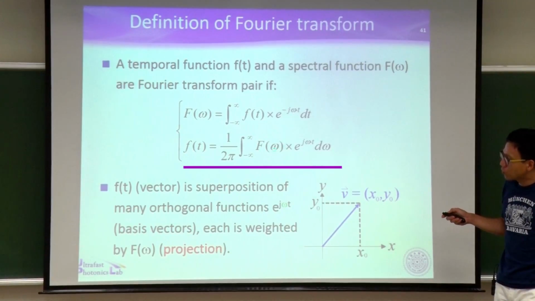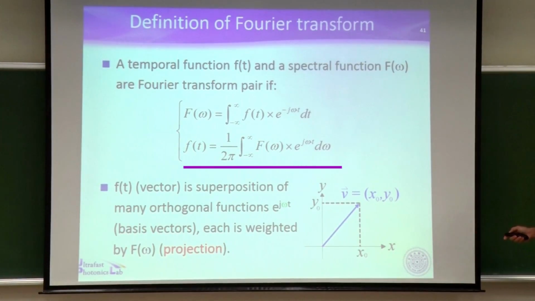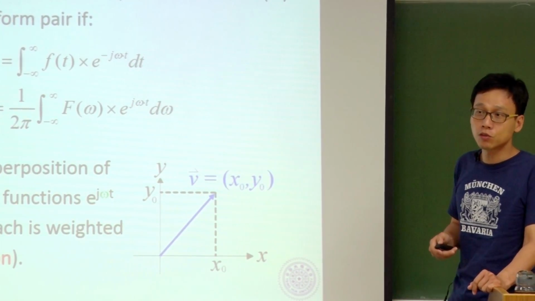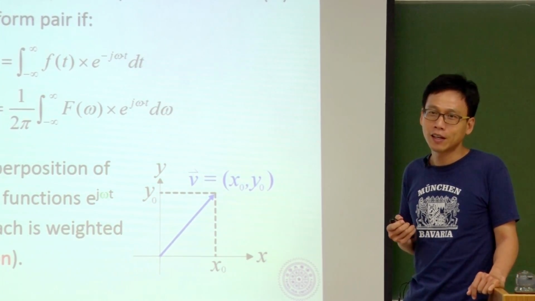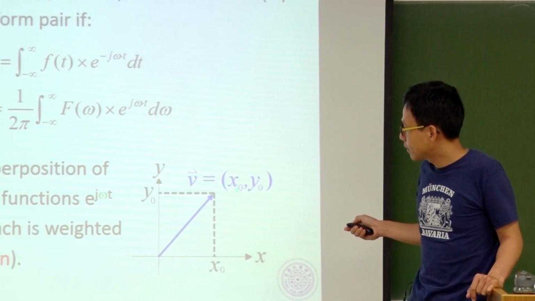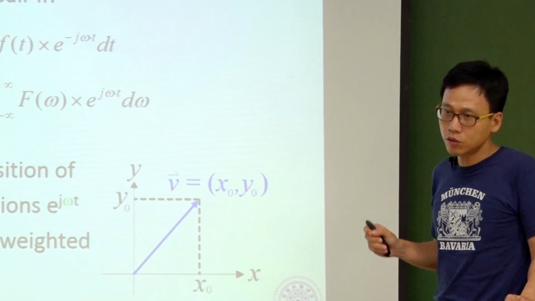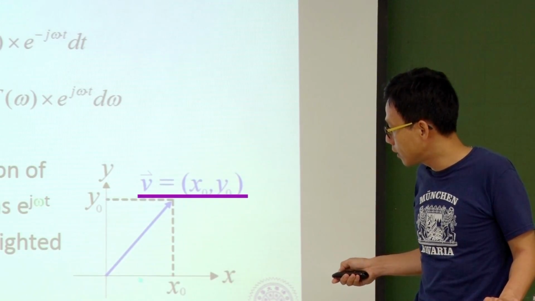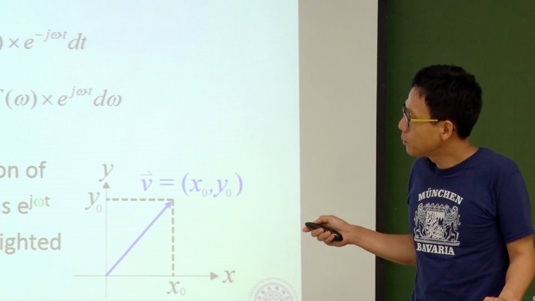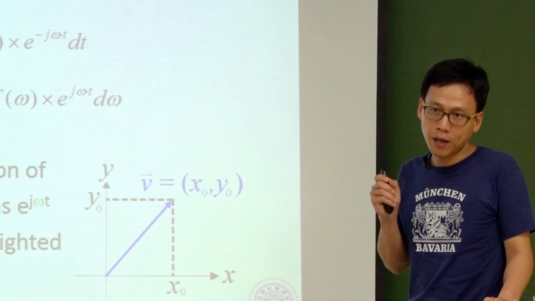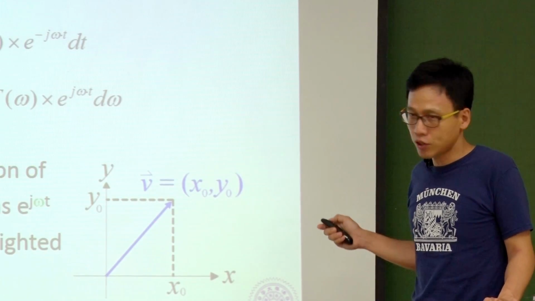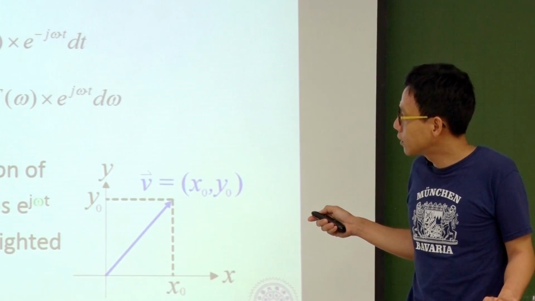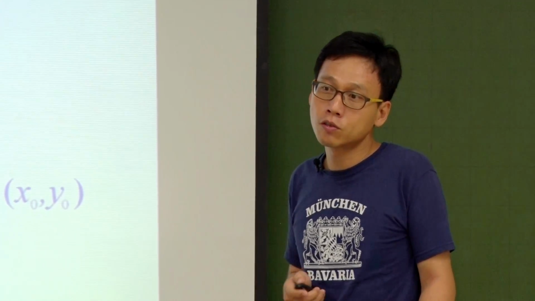And the big F of omega is similar to the projection numbers x0, y0, and so forth. Just like x0, y0 describe the projection of the vector on orthogonal axes, big F of omega specifies the projection of small f of t on different orthogonal functions, e to the j omega t.